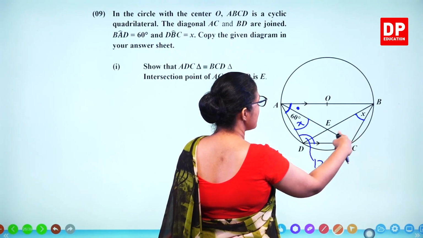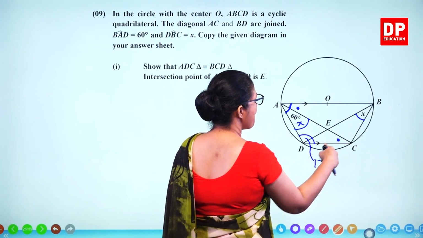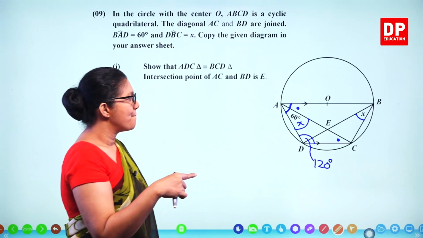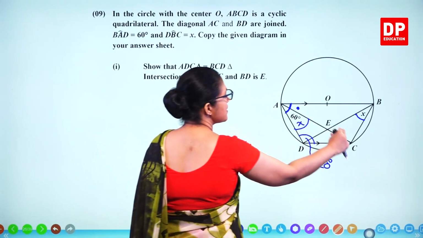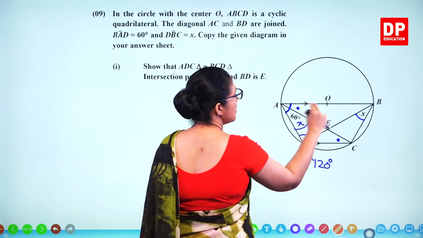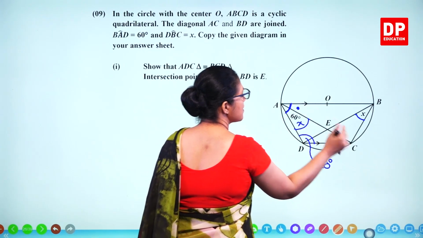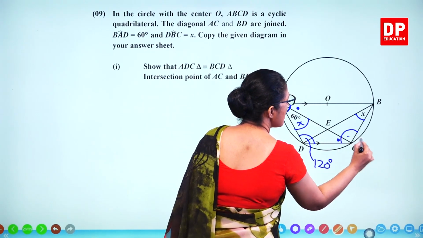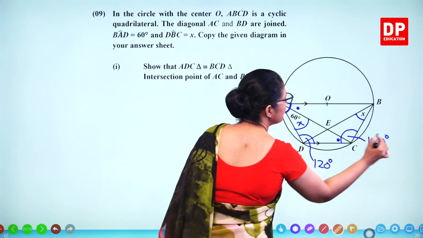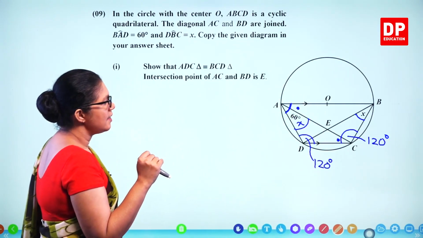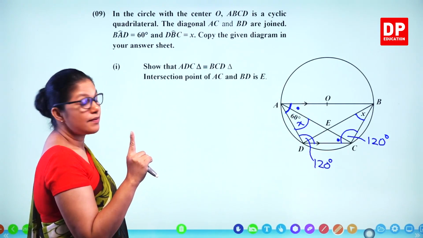How can you show this is 120? Opposite angles add up to 180. So this is 60, this whole angle is 120. So you can easily use that property.